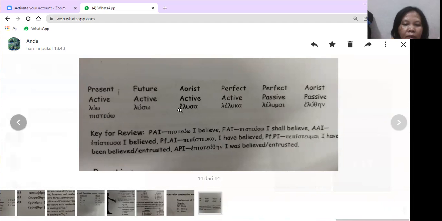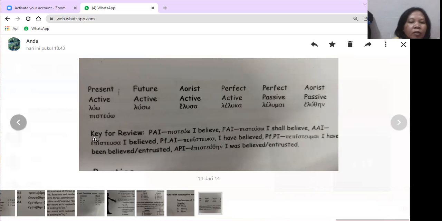Aorist active with elusa, and sa. Perfect active, leluka, ka. Perfect passive with lelumai, mai. Aorist passive with etha, eluthen.